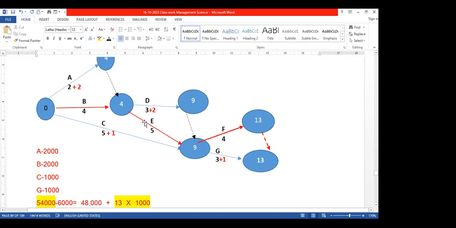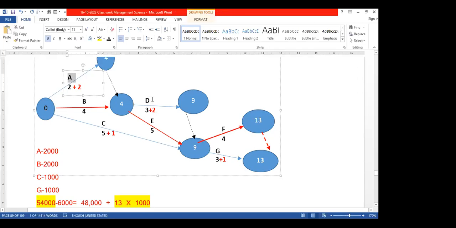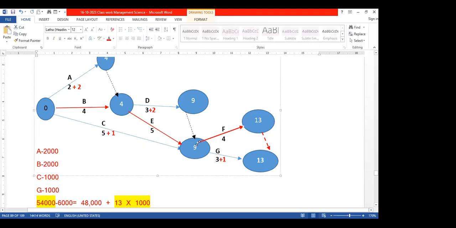While crashing all the activities, sometimes we also reduced the time of non-critical activities like A, D, C and G. But those are not necessary. Those are unnecessary things. So unnecessarily, we have increased the cost.